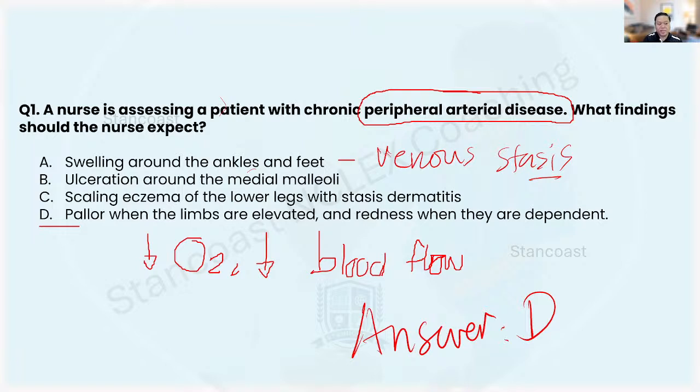Now, if you had answered, hello, Mariama, letter B, ulceration around the medial malleoli, this is going to be common in venous stasis as well. This is going to be the stasis dermatitis, ulceration.